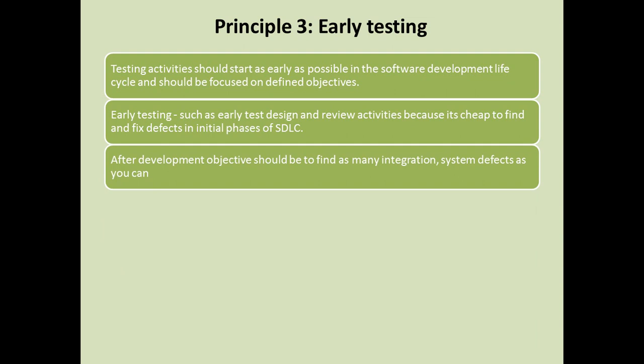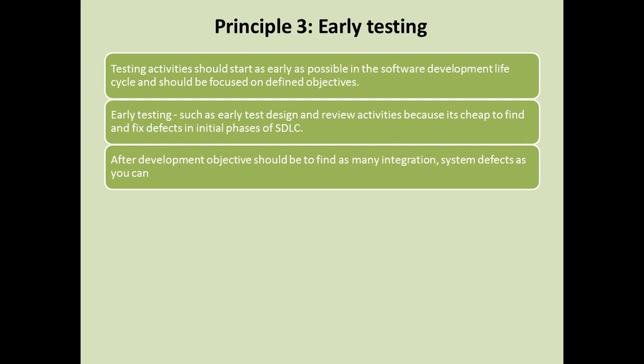After development, the objective should be to find as many integration and system defects as you can. Since testing should start as early as possible, testers should be able to find most requirement defects or design defects in the early phases itself.